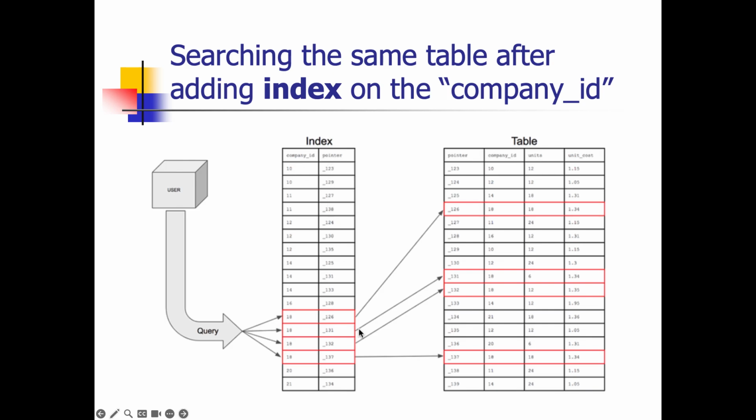This time, because you have created the index, when you want to search for, for example, company ID 18, it just accesses them by the pointer. So it only accesses those 4 rows, or however many rows you're searching for, and then retrieves the data specific to those rows.